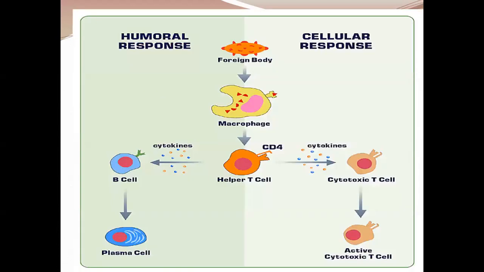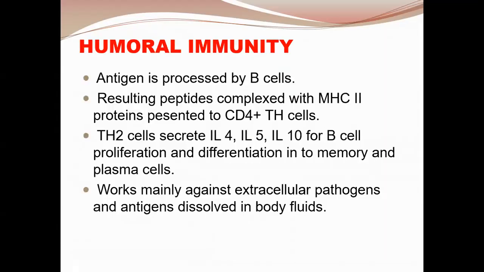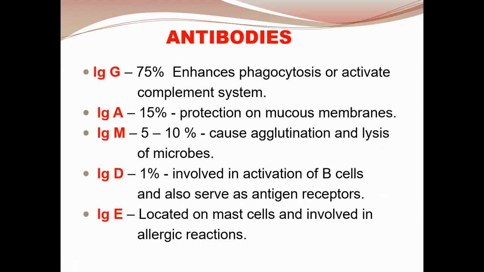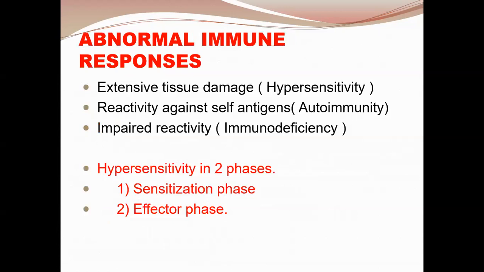The sensitization phase is an initial encounter with the antigen, and the effector phase is the involvement of the immunological memory resulting in tissue pathology upon subsequent encounter with the antigen to which the body was previously exposed.